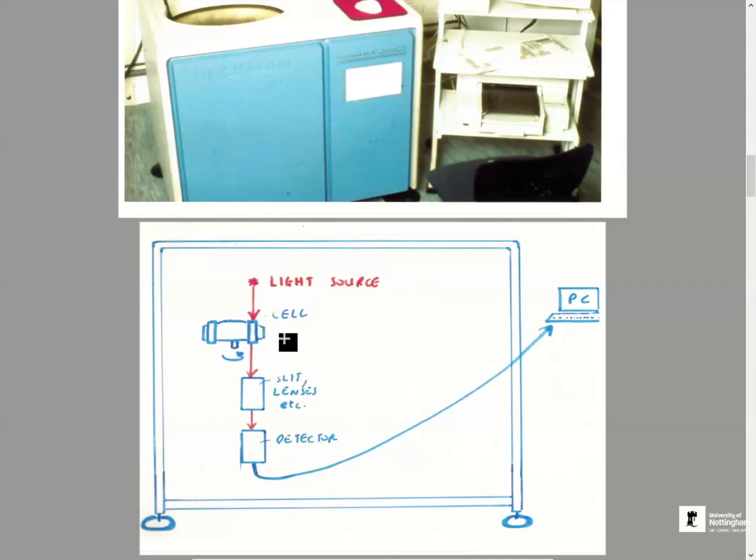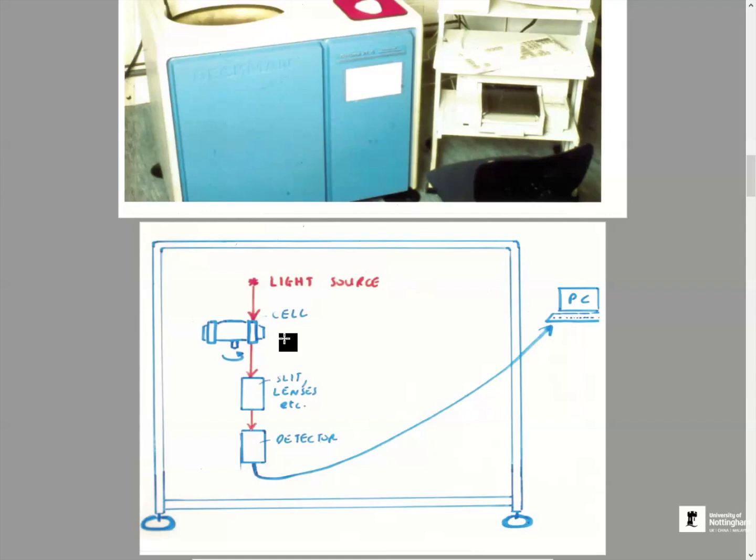Because it's spinning very fast, every time a cell gets to here in the orbit, the light passes through. The rotor has to be balanced, so you have to have an equal weight cell on the other side of the rotor, otherwise you get an imbalance and an accident.